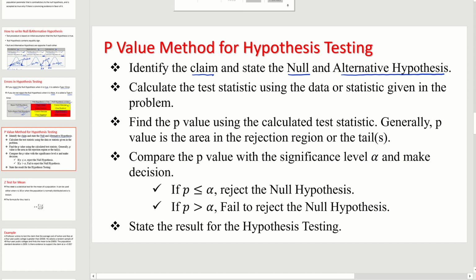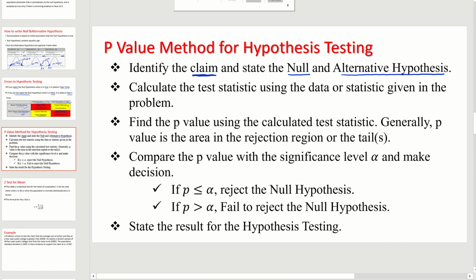Null hypothesis must have an equal to sign. Alternative hypothesis may have not equal to, greater than, or less than sign. And out of these two, null and alternative hypothesis, you also need to figure out what is the claim, which one the researcher is claiming to be true.